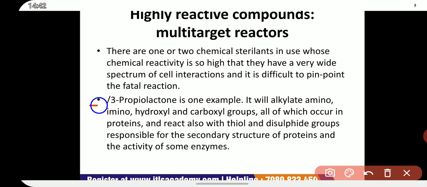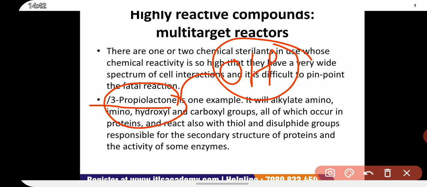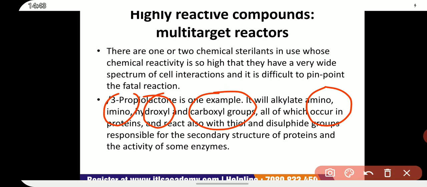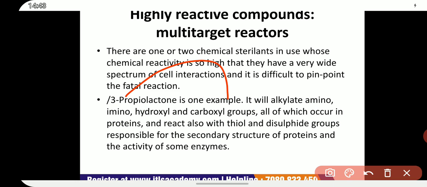This beta propiolactone will alkylate, that is it will add a hydroxyl group or any other alkylating agent, alkylating amino, imino, hydroxyl and carboxyl groups, and it will change the nature of these groups, all of which occur in proteins, and react also with thiol and disulfide groups.